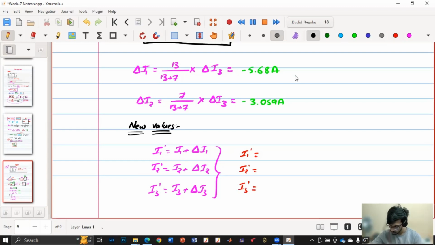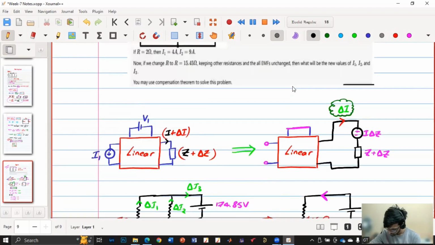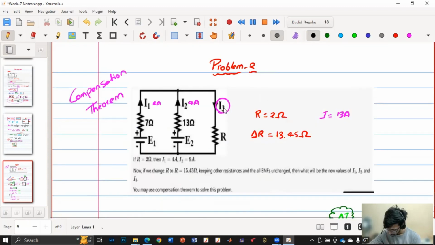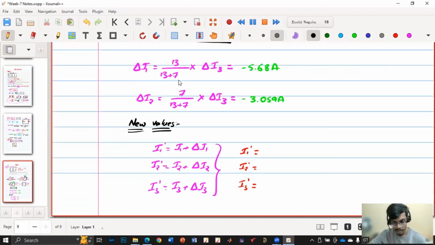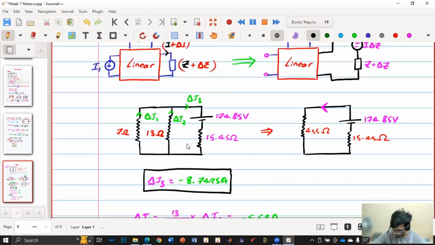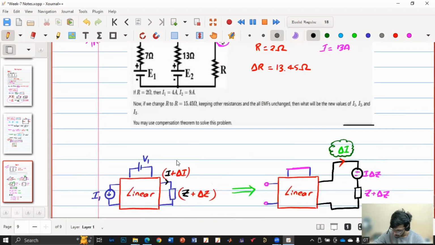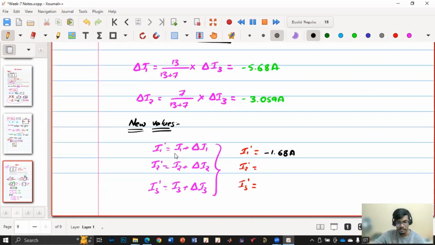I1 dash is minus 5.68 plus 4, minus 1.68, right? And I2 dash is minus 3.059 plus 9. So how much? 5.94.